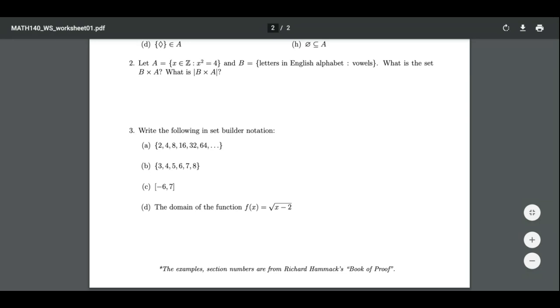B is 3, 4, 5, 6, 7, 8. X in Z, x is in between 3 and 8, x greater than or equal to 3 and less than or equal to 8. That's cool. And Nino wrote x in N, natural numbers, and x is in between 2 and 9.